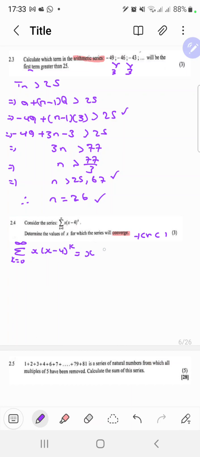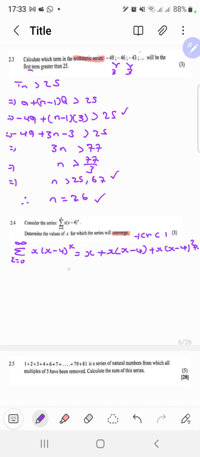So we get x. This is a series, so we're adding plus. When you put a 1 in there, this becomes an x into x minus 4 plus. You put a 2 there, it becomes x into x minus 4 squared plus dash dash to infinity.